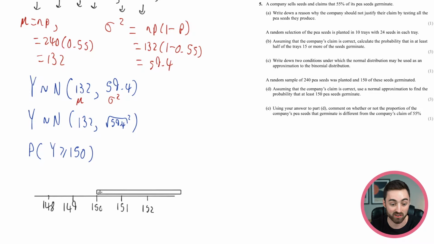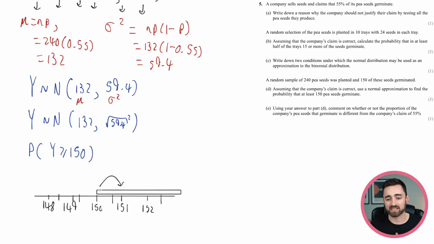It's going to be greater than or equal to 150. Problem is, we've got a normal, haven't we? Whereas the binomial can only take these jumps, the normal can take a value here, here, here, etc. There's actually going to be more values that I'm going to want to use here.